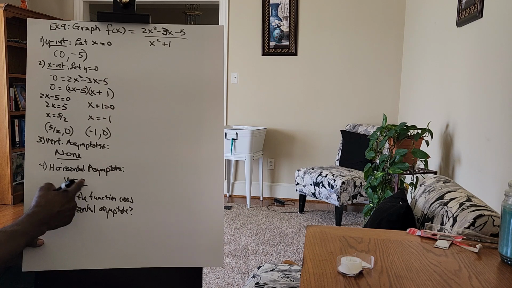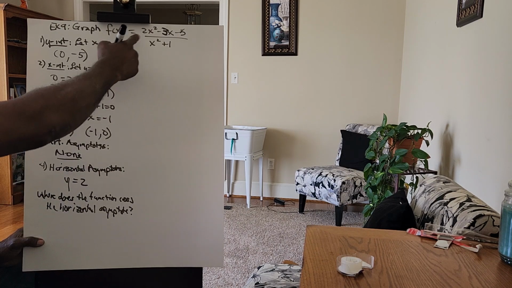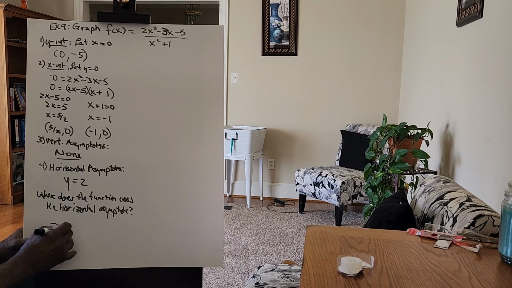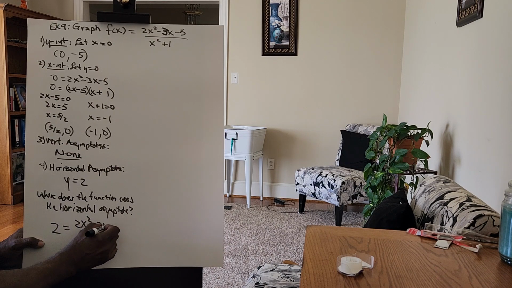Well, the horizontal asymptote is y equals 2, and the function is y equals this. So to find that, all I got to do is set the equation equal to it. Y equals 2, set it equal to (2x squared minus 3x minus 5) over (x squared plus 1).